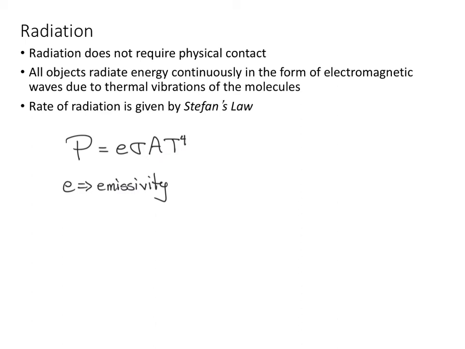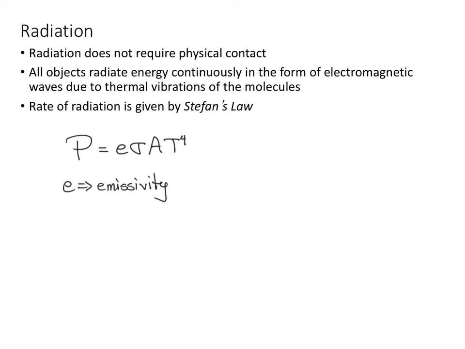An object whose emissivity is 0 essentially is a very shiny reflective object. It doesn't absorb energy very well. It also doesn't give off energy very well. An emissivity of 1 is what we call a perfect black body. This is an object that absorbs energy very efficiently. It also gives off energy very efficiently.